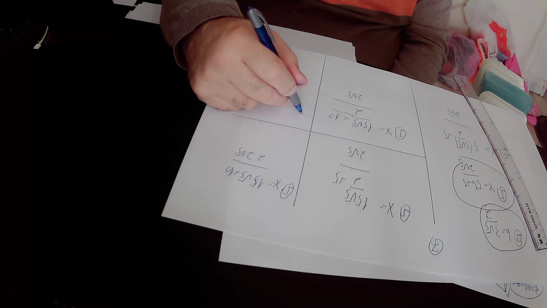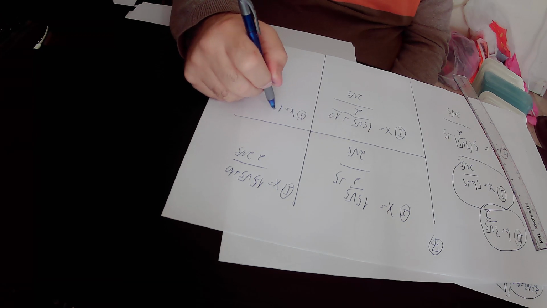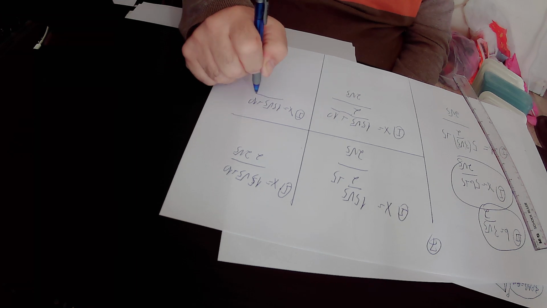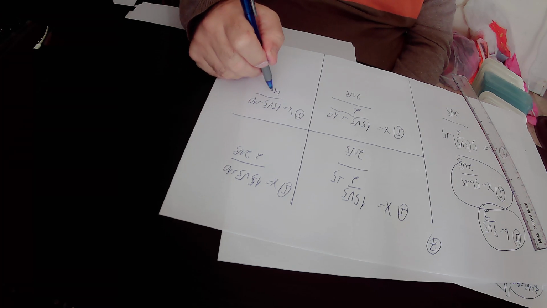So x equals 15 times square root of 5 plus 10 over, in the denominator we have 2 times 2, that is 4, so in total in the denominator we have 4 times square root of 5.